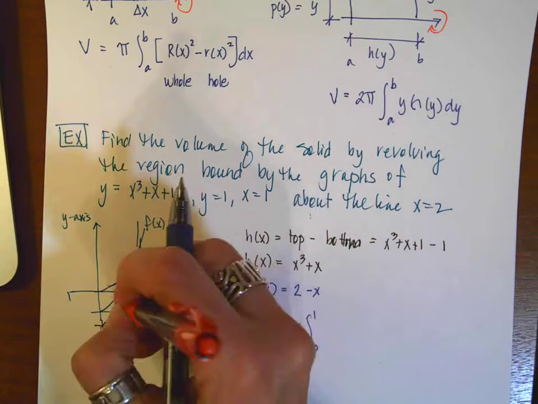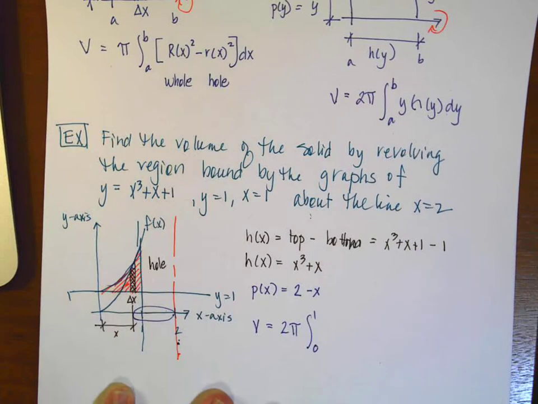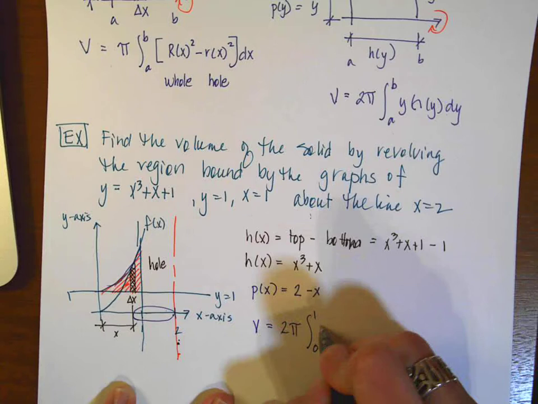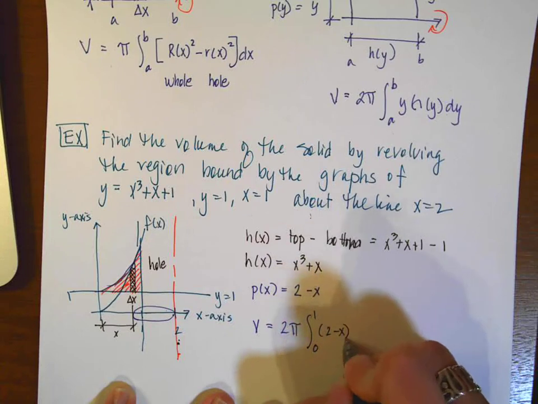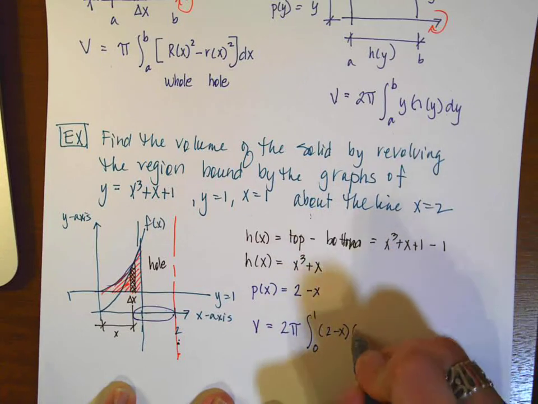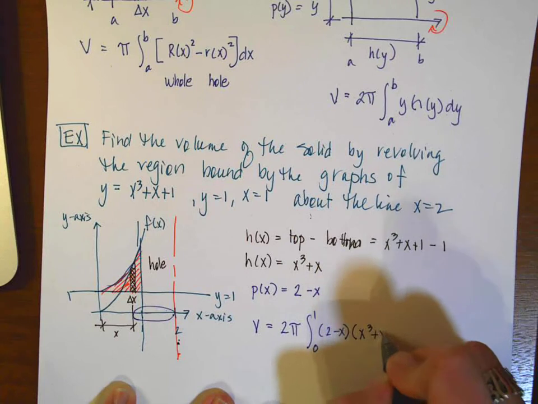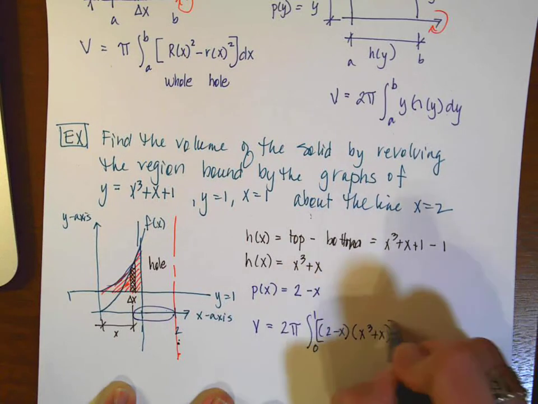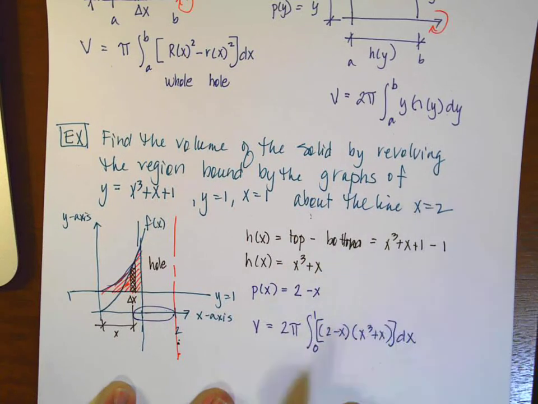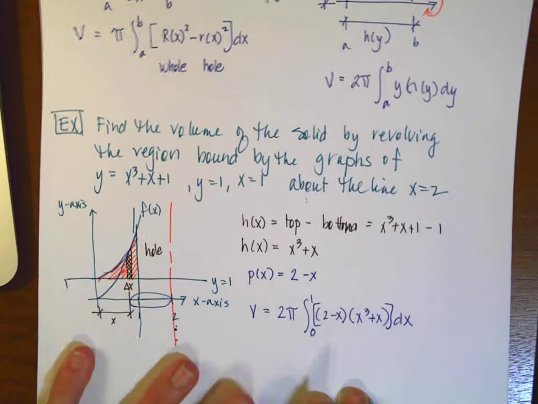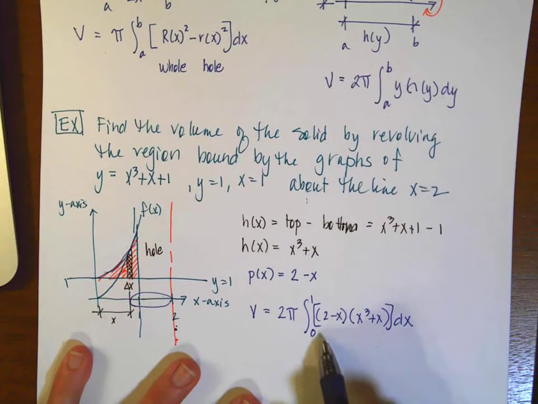And my graph is actually kind of crappy because it kind of comes up this way. Sorry, I was just looking at that. So my graph would be over here looking kind of like that. And then I have my P of x, so that's going to be the 2 minus x. And then I have my h of x, which is x cubed plus x. And then all of this is dx.